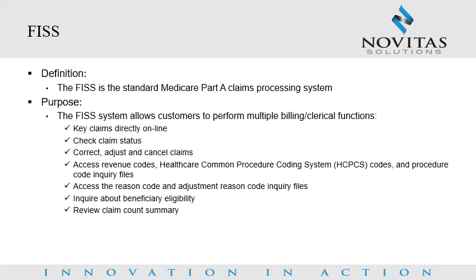The FISS is the standard Medicare Part A claims processing system, which allows you to perform several functions such as key claims directly online, check claim status, correct, adjust, and cancel claims, access revenue codes, HCPCS codes, and procedure code inquiry files, access the reason code and adjustment reason code inquiry files, inquire about beneficiary eligibility, and/or review claim count summary. In this module, which is the fourth installment of a 5-part series, we will discuss claims entry.